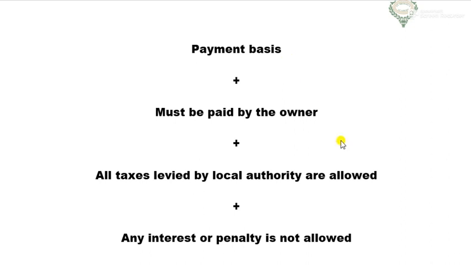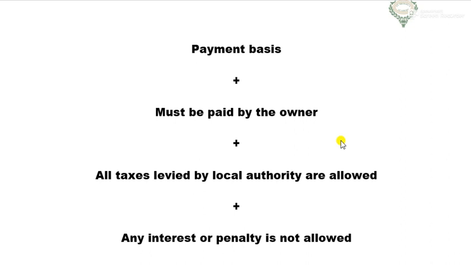Secondly, it must be paid by the owner. If the tenant pays the municipal taxes, then the owner will not be allowed deduction for them. Suppose the total municipal taxes is 10,000 and 4,000 is paid by the tenant, then only 6,000 will be allowed as deduction. Thirdly, all taxes levied by a local authority are allowed, all types of cess, water, electricity by local authority.